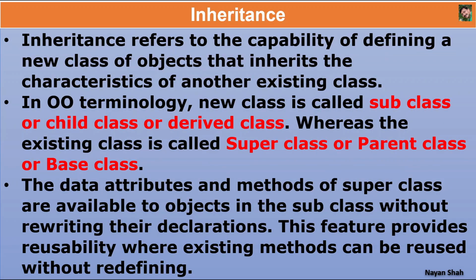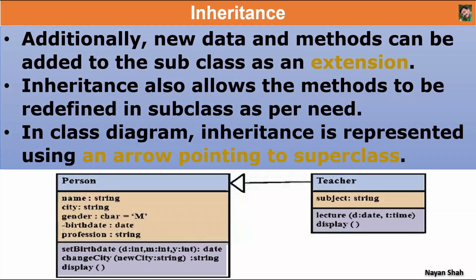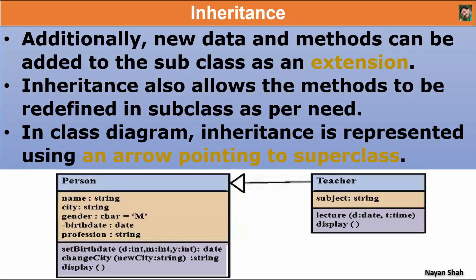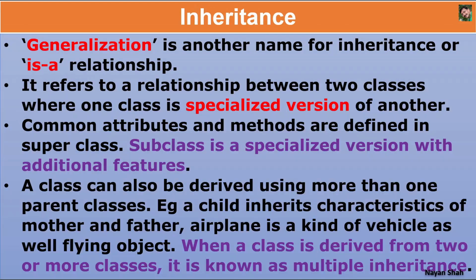So that is inheritance. The new class which we create is called subclass, child class, or derived class, and the class from which we are inheriting is called superclass, parent class, or base class. That is inheritance, shown with the arrow pointing towards the parent class.